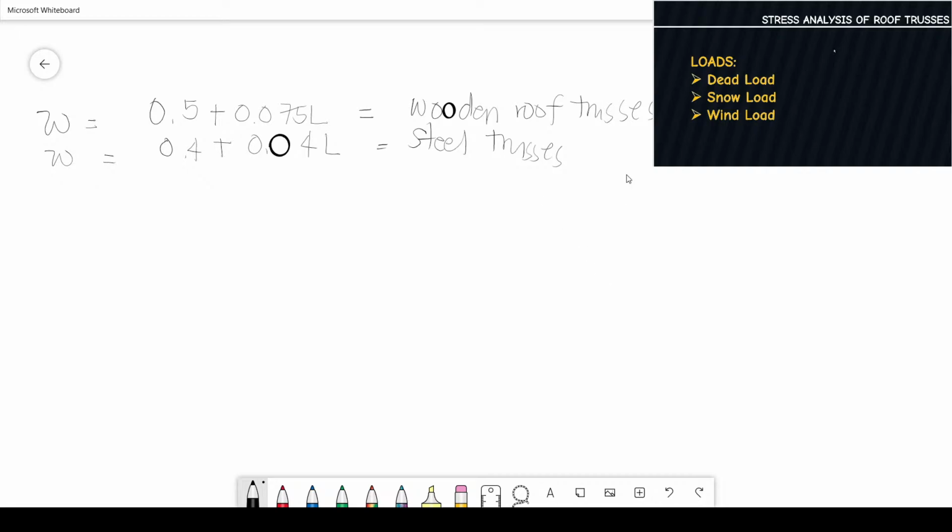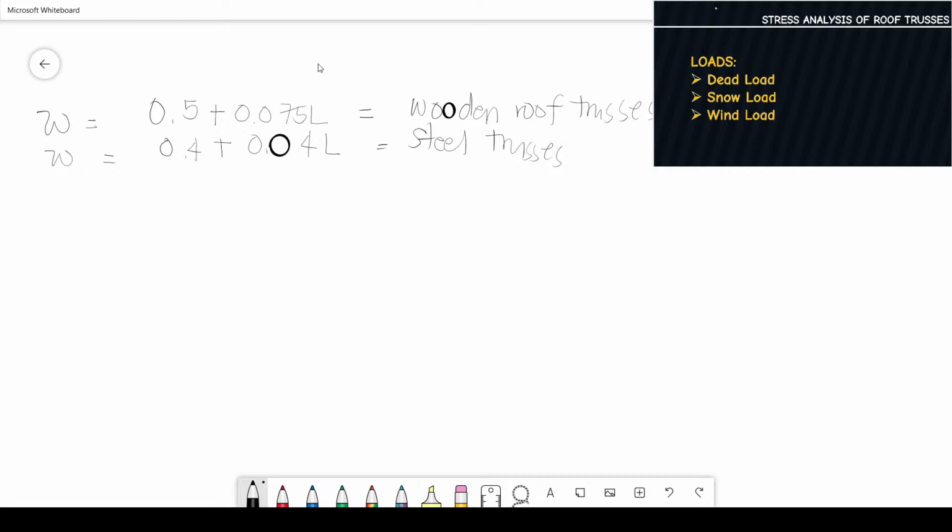Steel trusses. So, this is by HS Jacobi and this is by CE Fowler. So, again, our L is in feet. The span of your roof in feet. So, we have the snow load is usually, maybe taken at 8 pound per cubic foot for dry snow, and that of wet snow at 12 pound per cubic foot.